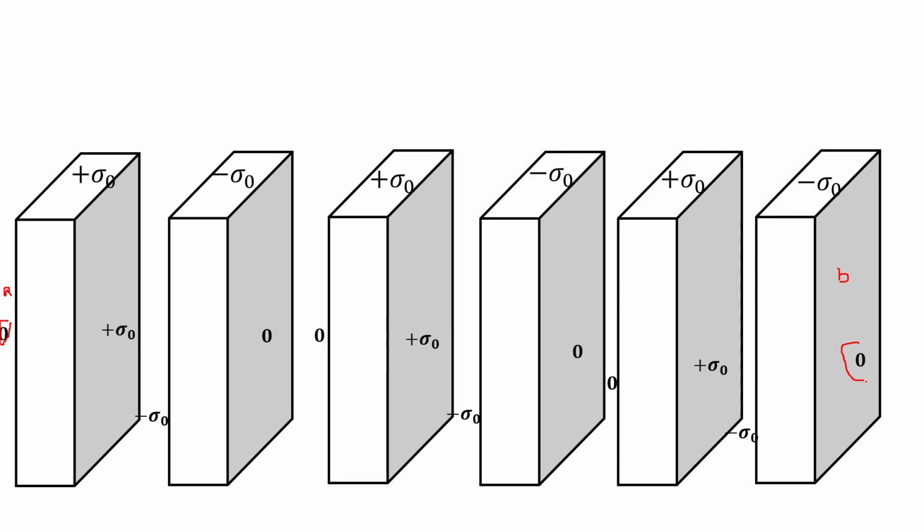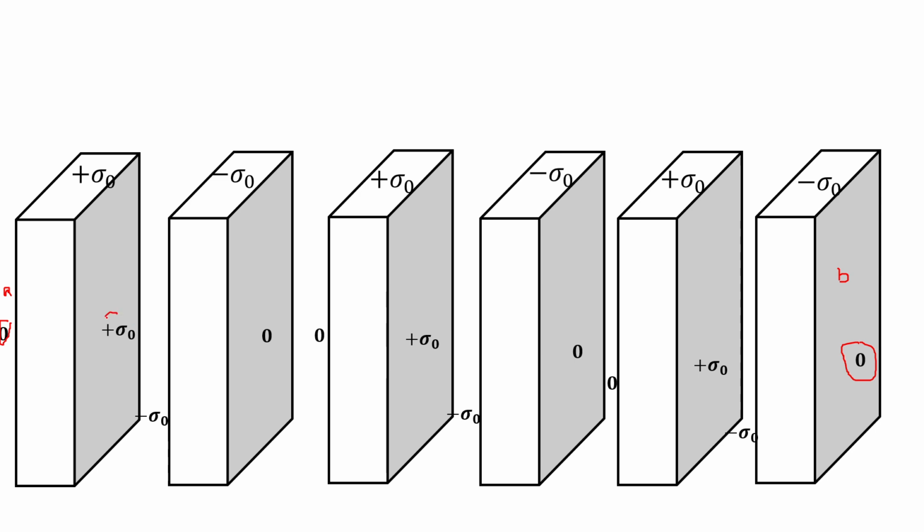Now we have determined the charges on the faces that are on the extreme left and extreme right. Now coming to this one, from charge conservation, initially this plate has a total charge of plus sigma, so a plus sigma charge will also appear on this face.